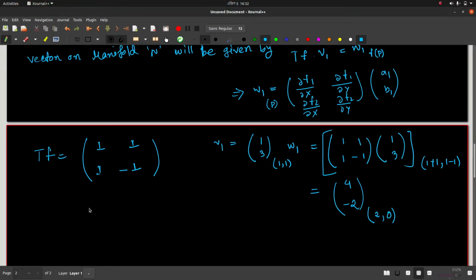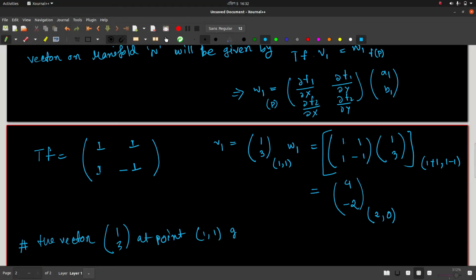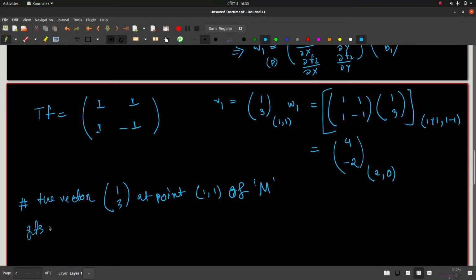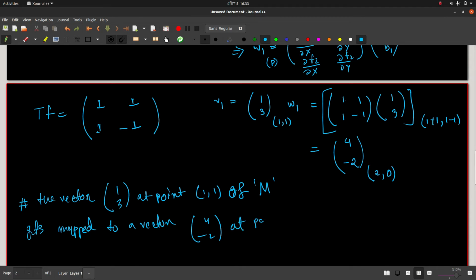So the vector 1 3 at point 1 1 of M, that is the manifold M, gets mapped to a vector 4 minus 2 at point 2 comma 0 in the manifold N.